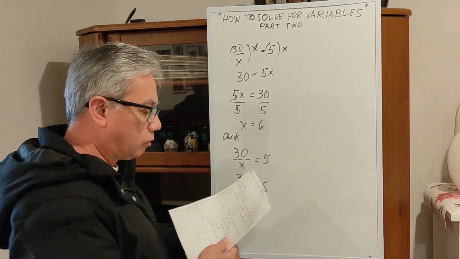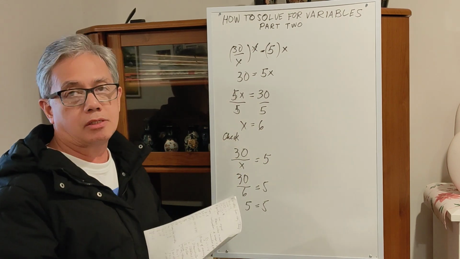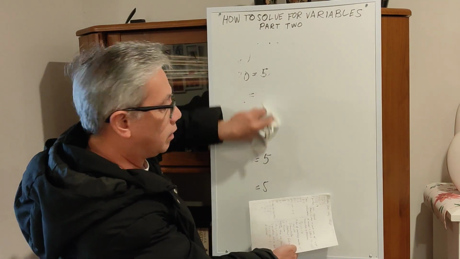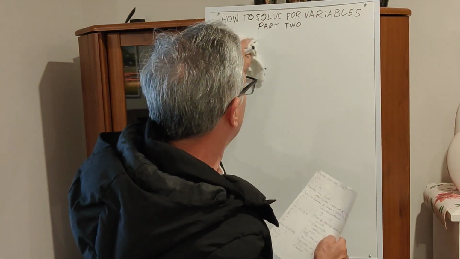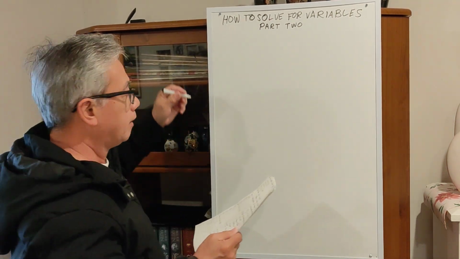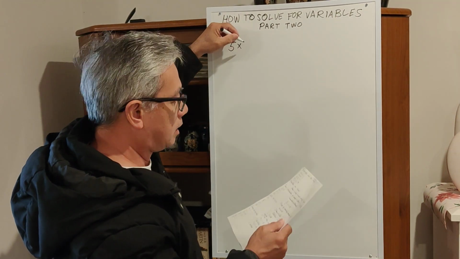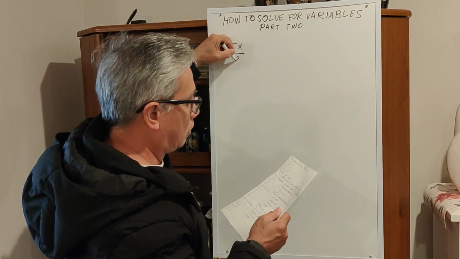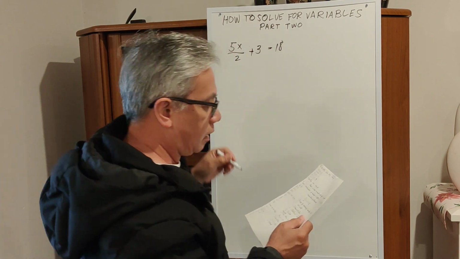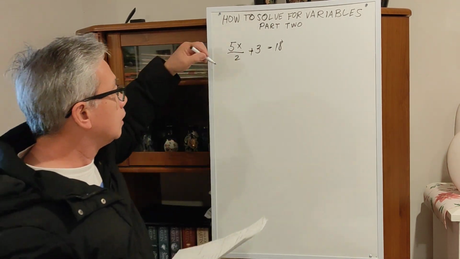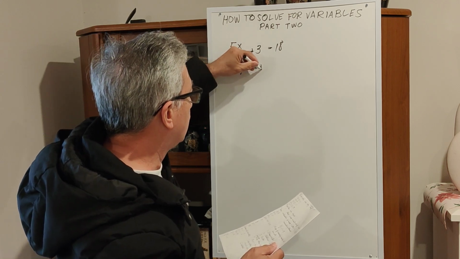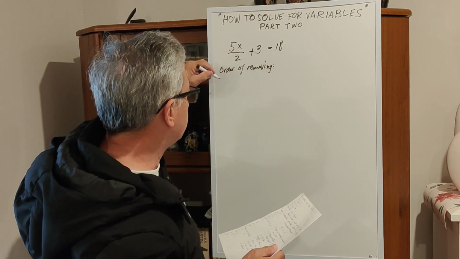We now move on to a combination of elements with the variable. For example, we have 5x over 2 plus 3 is equal to 18. So the order of removing the elements is as follows.